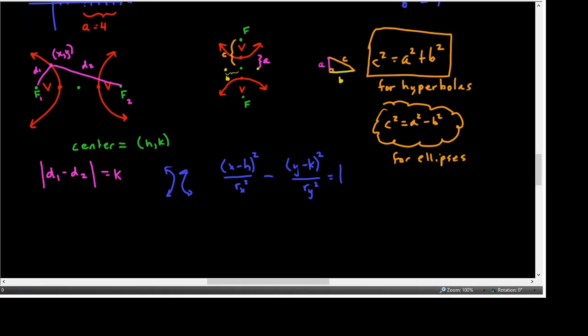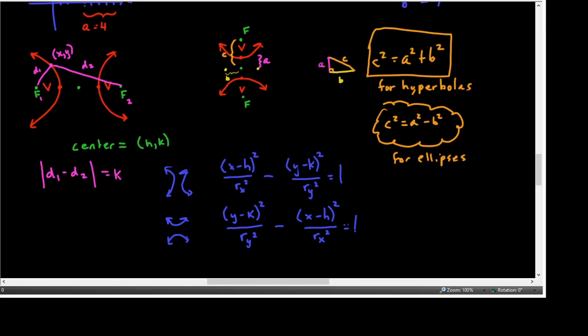Now the one that opens up and down will be (y minus k) quantity squared over r sub y squared, minus (x minus h) squared over r sub x squared, equals 1.